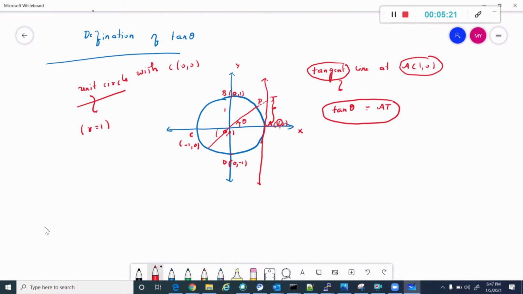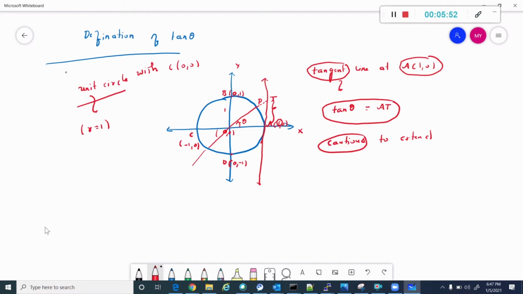If I extend backward, it will never meet this line, so you have to extend in the appropriate direction and take care of the direction. Be cautious about which direction you extend the rotated ray. We will see through some examples.